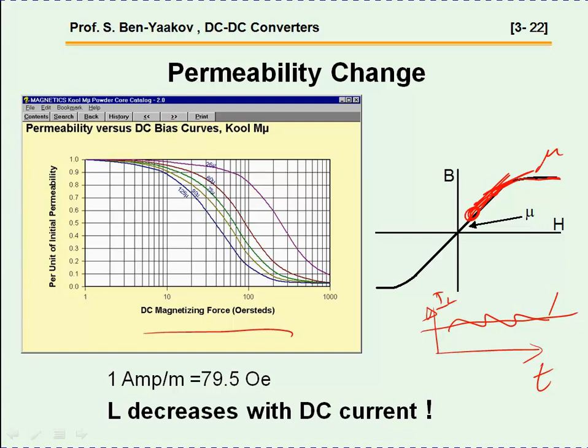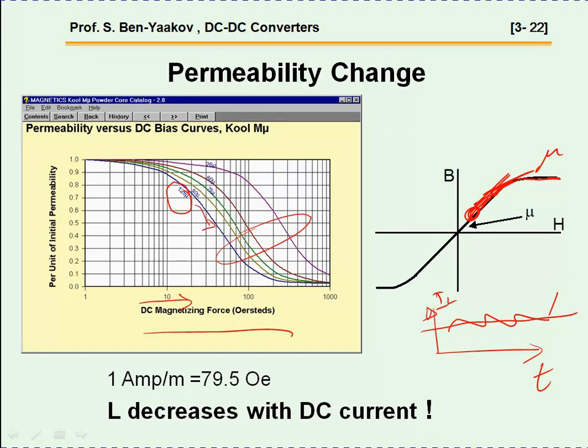And this is exactly what these curves show, and they are shown for different permeabilities. That is, if the core has 125 permeability, this is set. You can't change it. I mean, you cannot put any gap in it, that's it. So if you choose a core with 125, then pretty quickly, I'd say, the core will lose its permeability.